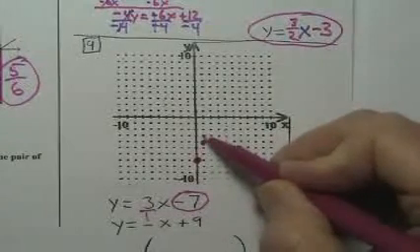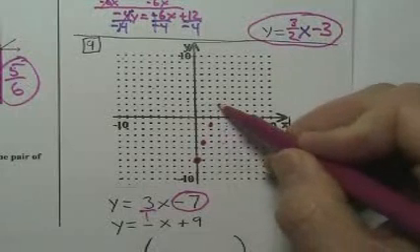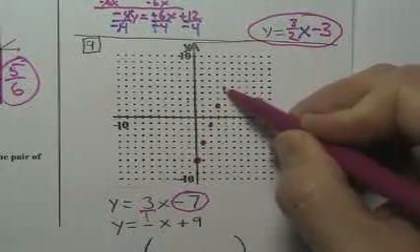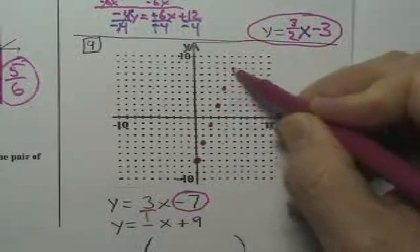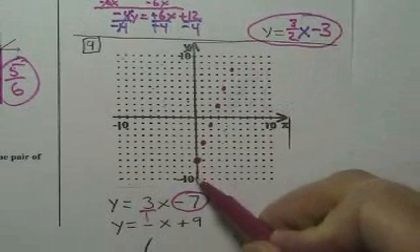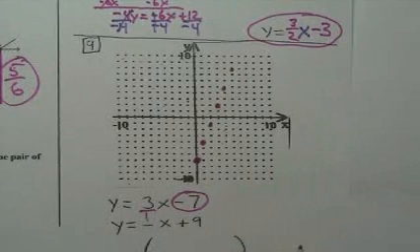And I'm going to keep on going. Put as many dots as possible. This makes it much easier. Up 3/1. I'll even go down 3 and over 1. So there's my line.